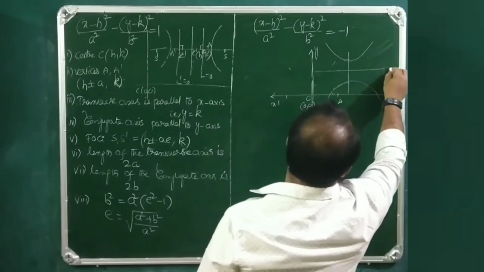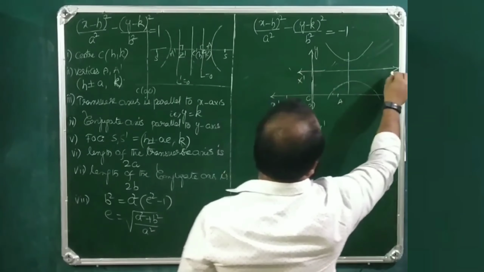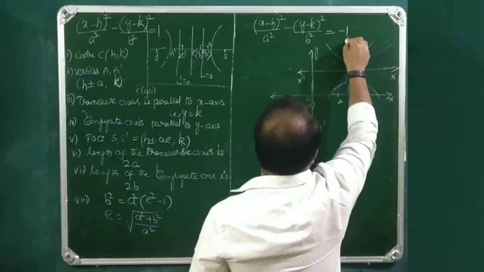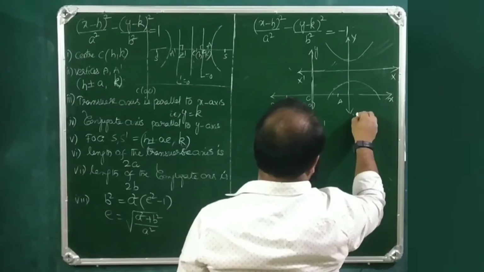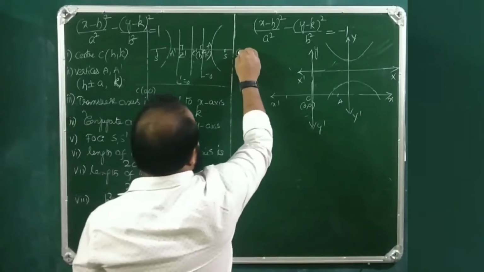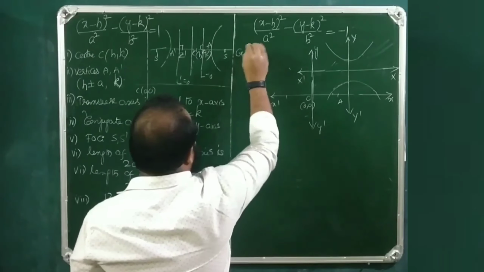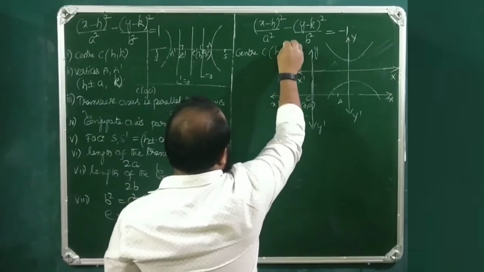So the new coordinate axes here are capital X dash and capital Y dash. So here also the center is going to be unchanged, C is h comma k.